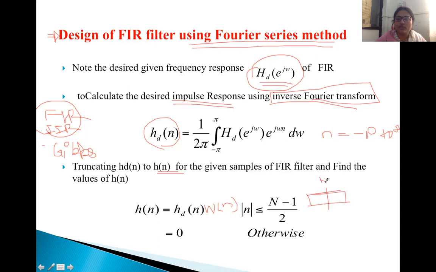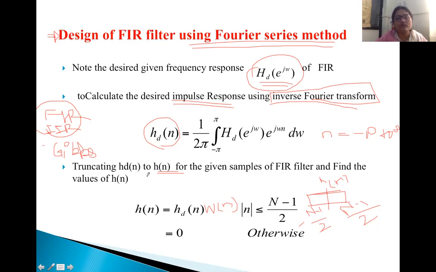This is h of n, which we collect from HD of n from minus n minus 1 by 2 to n minus 1 by 2. How do we do this? By multiplying with the window function, and 0 otherwise.